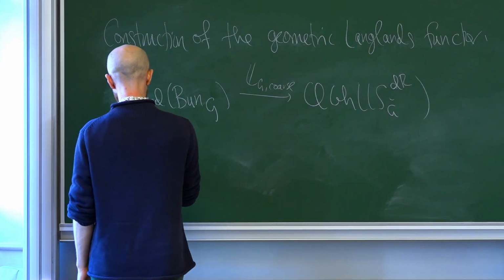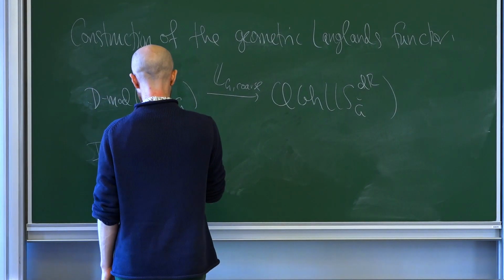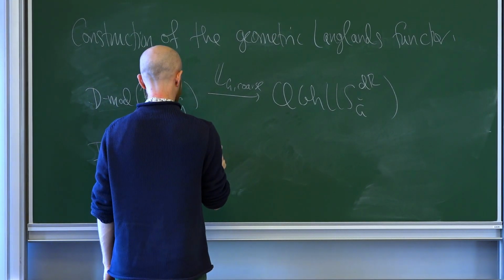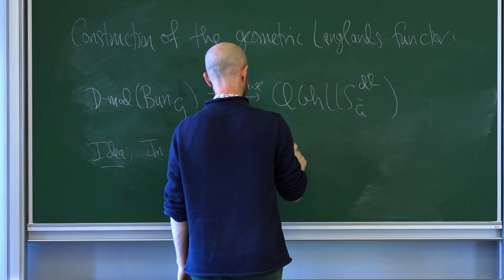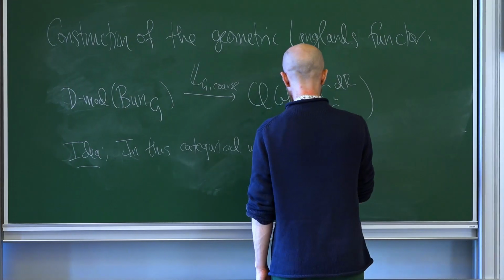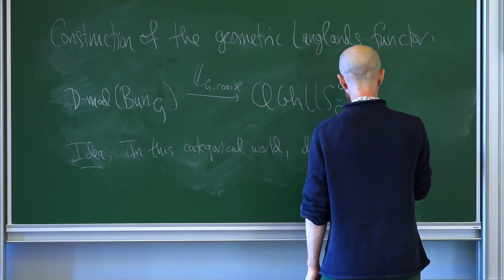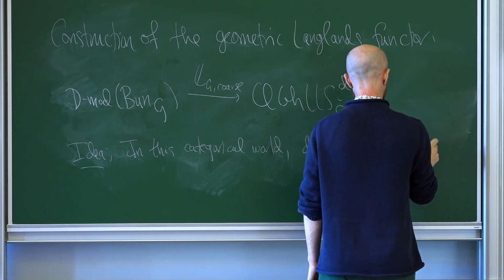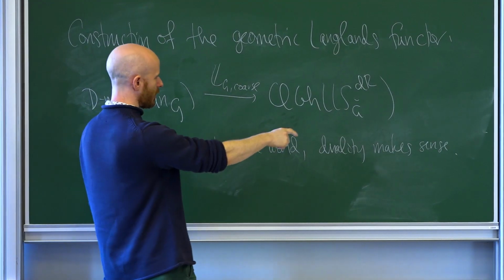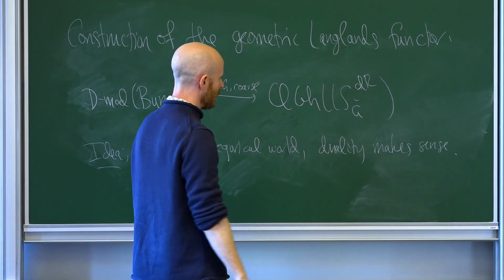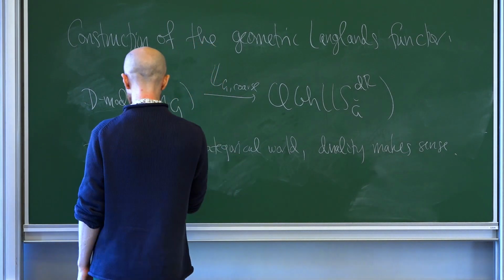And so here's the idea. In this categorical world, you can talk about duality. You can talk about duals for categories. I've been writing this tensor product sometimes, and as soon as I have a symmetric monoidal structure, I can talk about duality.